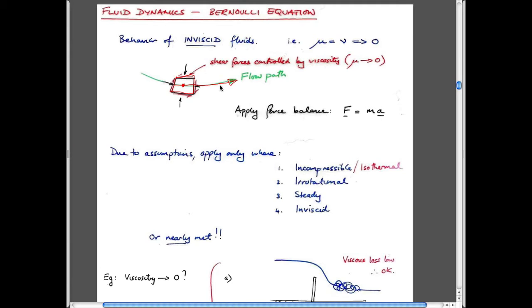Again, it comes down to this idea that we can use one of the expressions we developed, actually the major expression we developed, which relies on Newton's second law. The idea is that we can define behavior along a streamline.